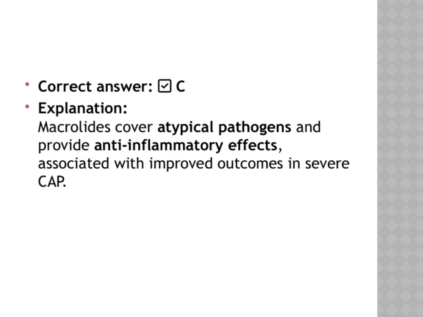Second, they provide anti-inflammatory effects, which can help reduce lung inflammation and improve patient outcomes. This dual action is especially beneficial in severe cases, where controlling inflammation and targeting atypical bacteria can make a real difference. So, understanding the role of macrolides in this context really ties into the overall theme of effective pneumonia management.